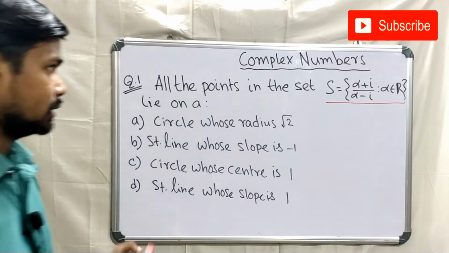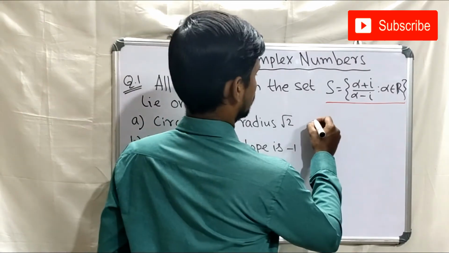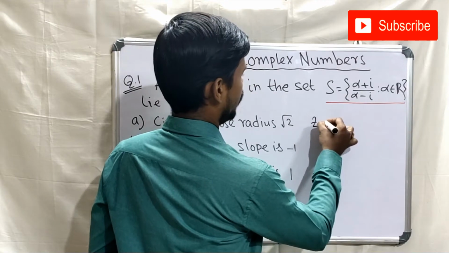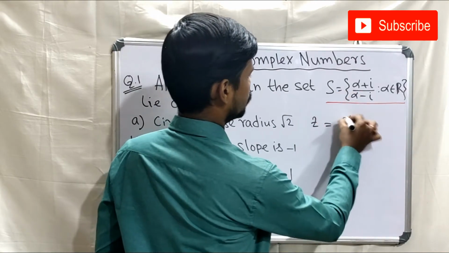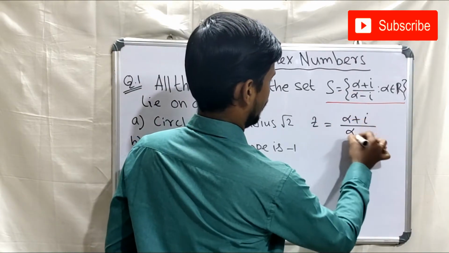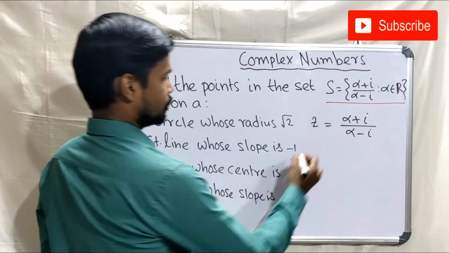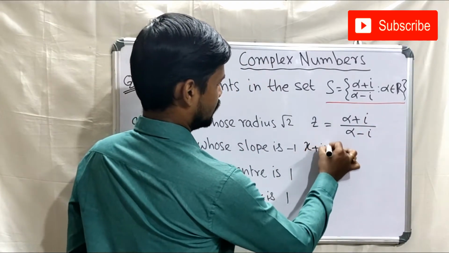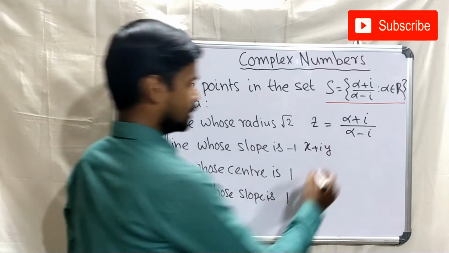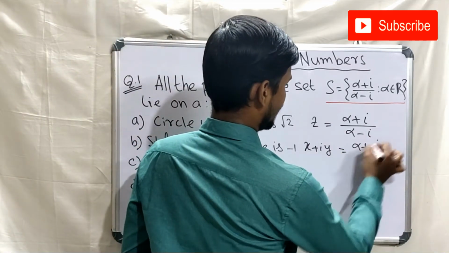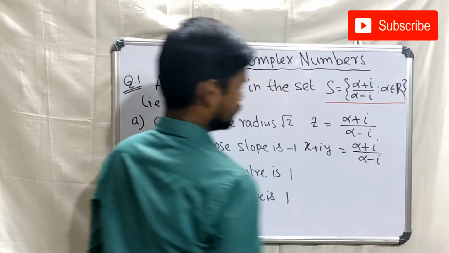So at first let's take any point in this set, z equals (alpha plus i) by (alpha minus i). Suppose z equals x plus iy, which equals (alpha plus i) by (alpha minus i).